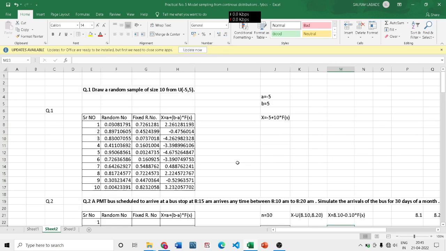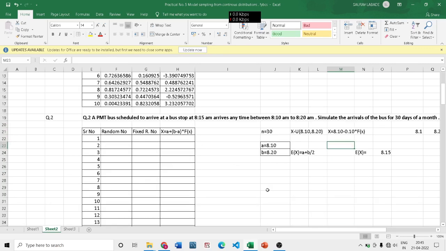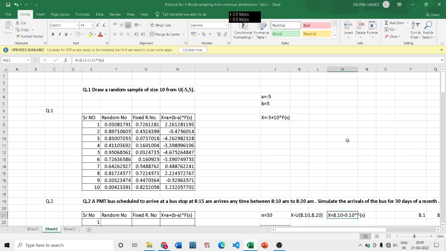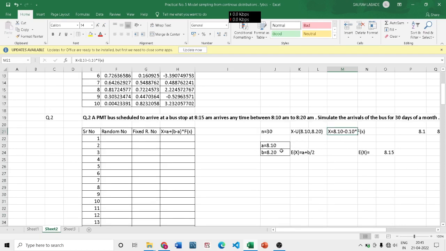I have made a mistake here. It must be plus, because the formula here is a plus b minus a.